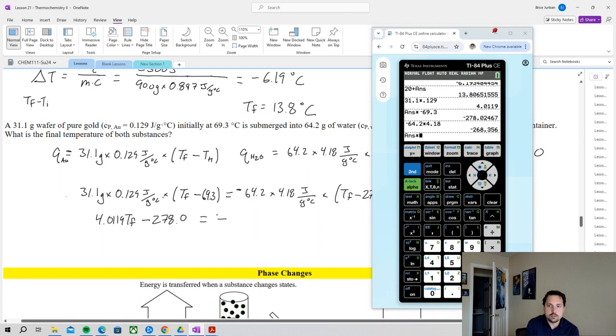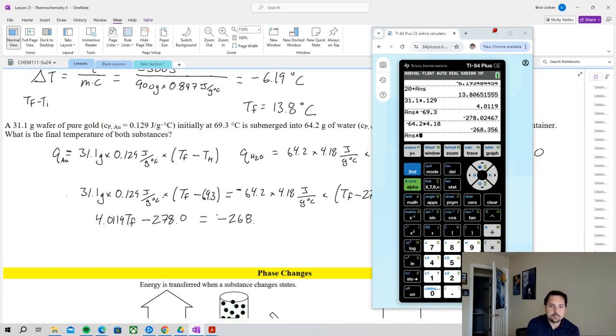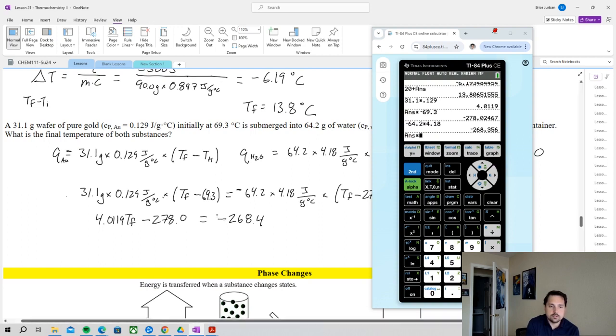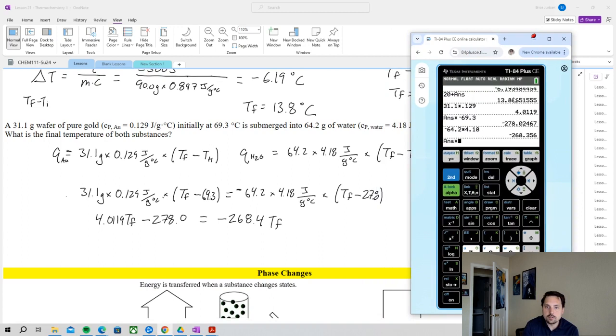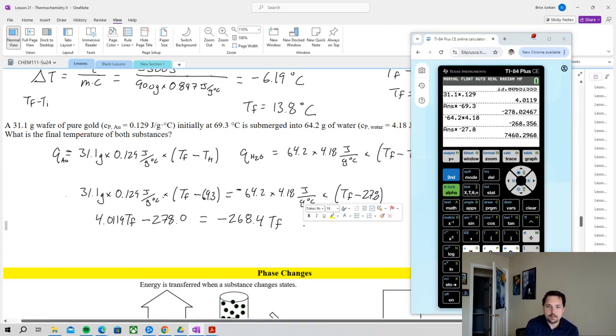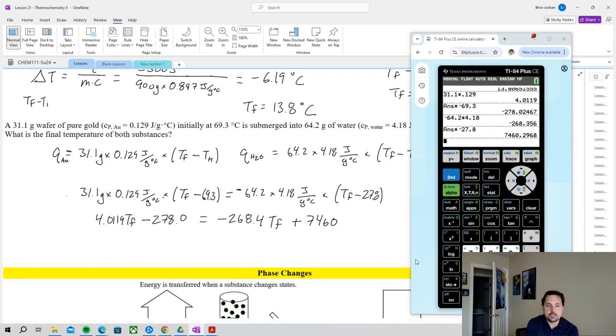And that'll give us negative 268 TF. I don't want to use that many sig figs. And then we'll take that same number, multiply it by negative 27.8, positive 7,460. Okay. What I usually do is I'll move the TFs to the same side so that they're all positive.